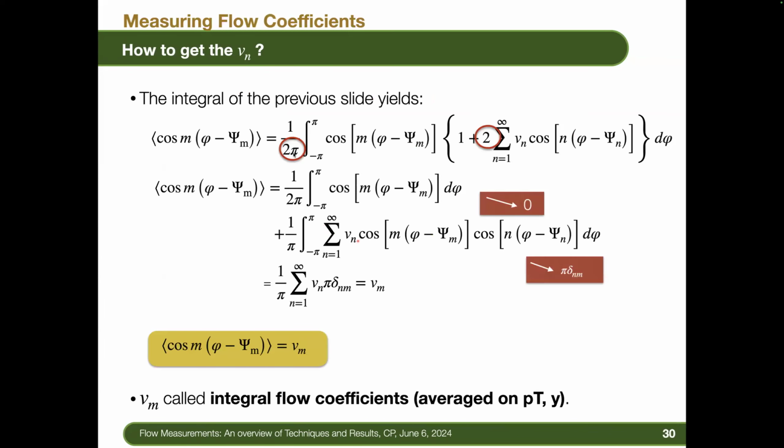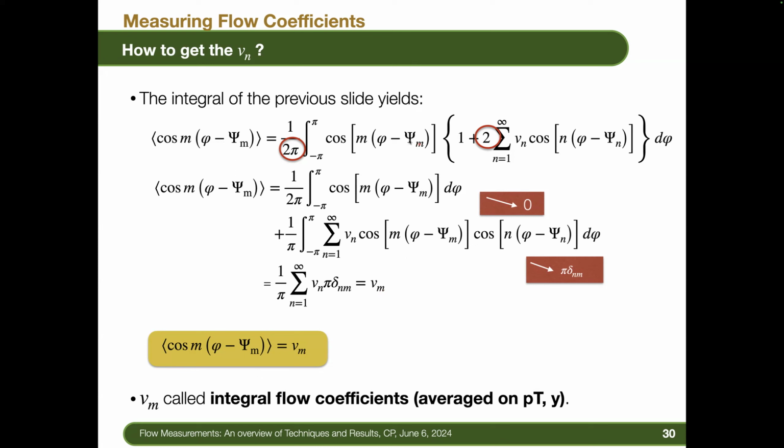And then we can use these orthogonality relations to calculate the expectation value of the cosine. And what you find is that when you do this, only one term will contribute, and that leads to the notion that this expectation value equals the magnitude of the coefficient v sub m. So these v sub m are called integral flow coefficients.